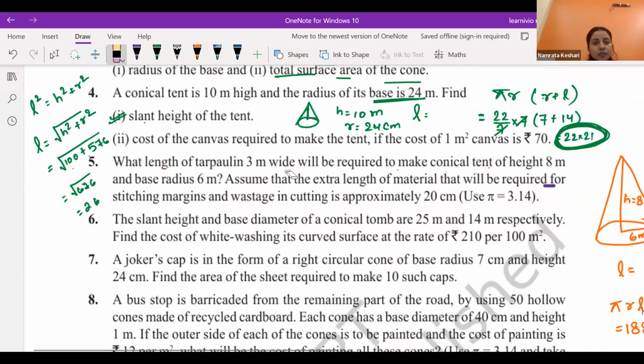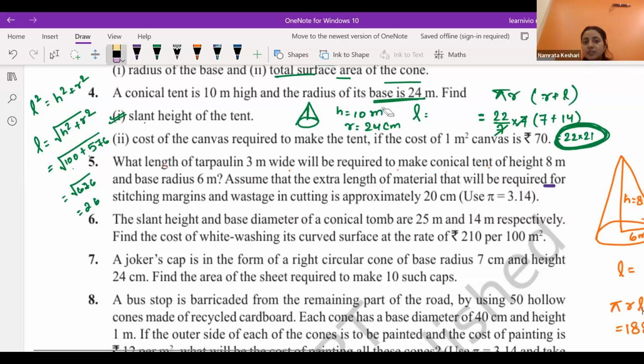What length of tarpaulin 3-meter wide will be required to make a conical tent of height 8 meter and base this one? What exactly is the length where the 3-meter wide tarpaulin we are having? Okay, the area of this one is equal to the area of that one. Assume that the extra length of the material that will be required for stitching margin and wastage in cutting is approximately 20. Okay, meter, centimeter, these are also involved. Yes, okay, this is 20 centimeter.